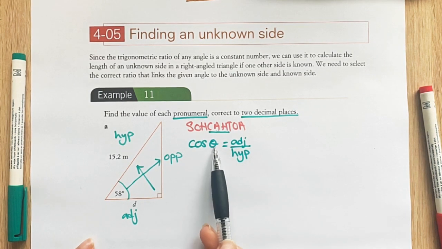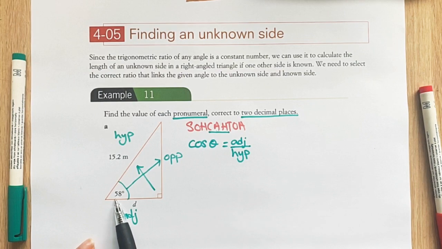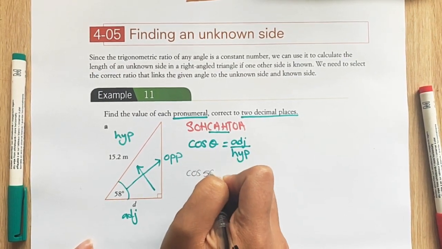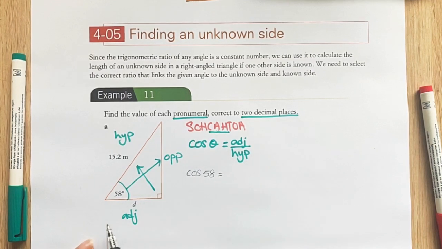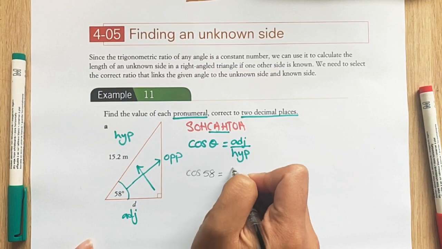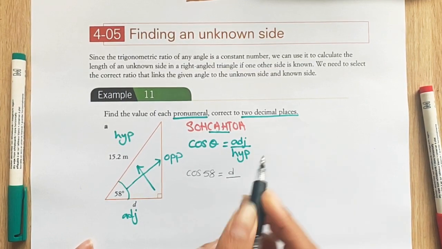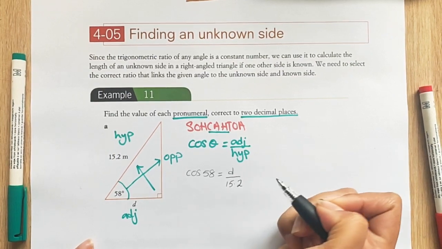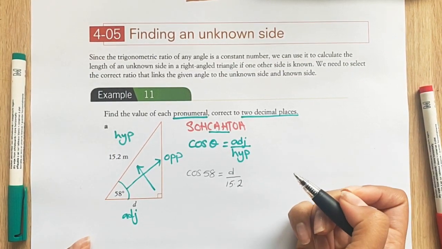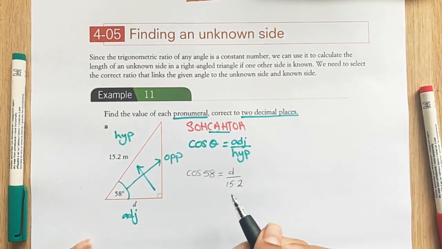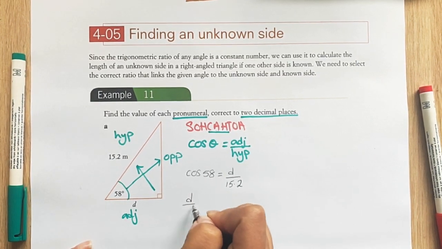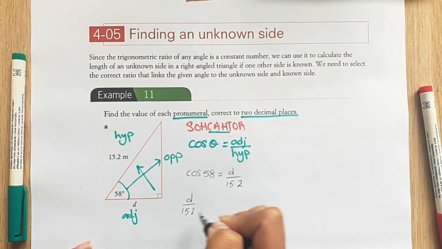We know that theta is represented by 58 degrees, so I will write cos 58 equals, the length of my adjacent is represented by pronumeral D, so I'll write D divided by my hypotenuse, 15.2 meters. Because I want to find the value of D, I will rewrite this equation so that D is on the left hand side of the equation.